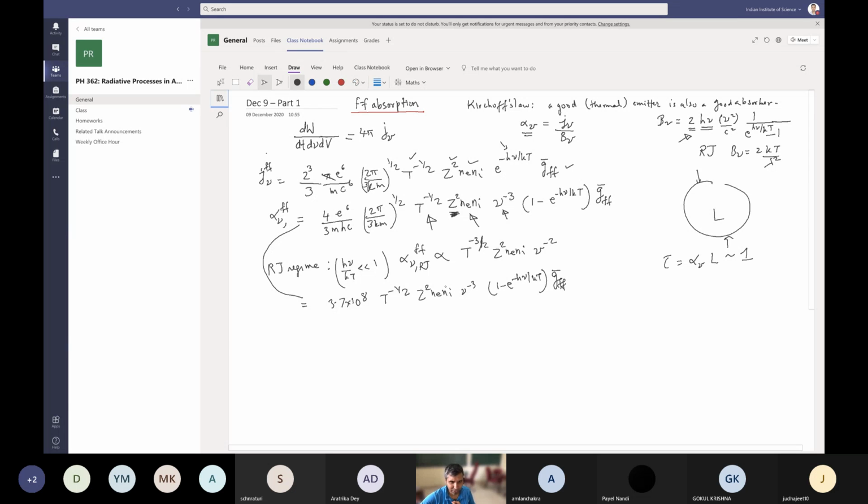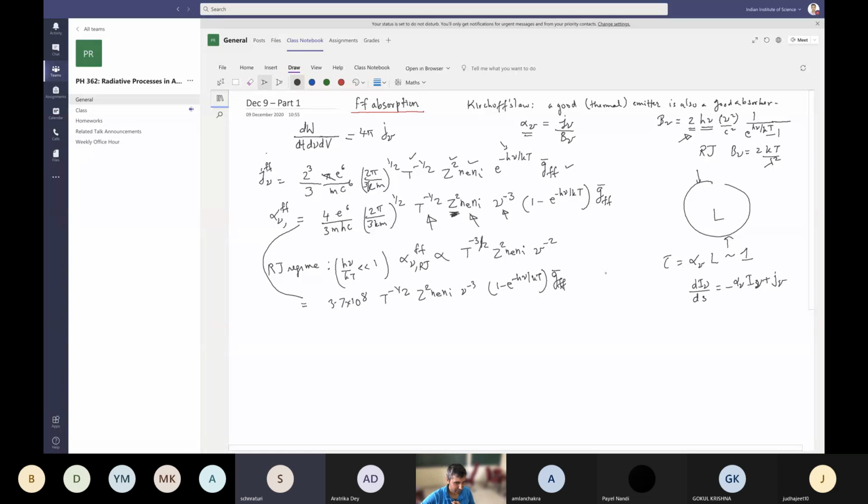And what are the units of this? What is the unit of alpha nu? If you recall, dI nu ds is equal to minus alpha nu I nu plus j nu. So alpha is length inverse.